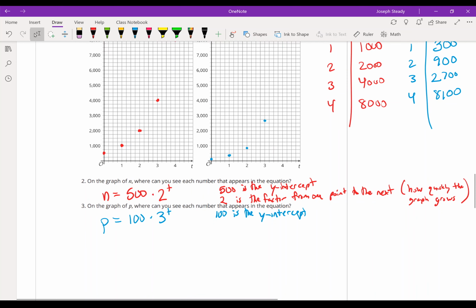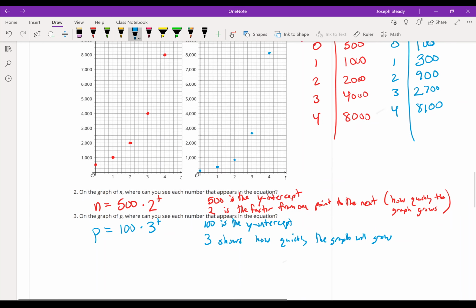What the 3 again tells us, though, is how quickly the graph will grow. More specifically, it's what number we are multiplying by to get from 100 to the next number, or to get from 300 to the next number, or multiplying by 3 over and over and over again.